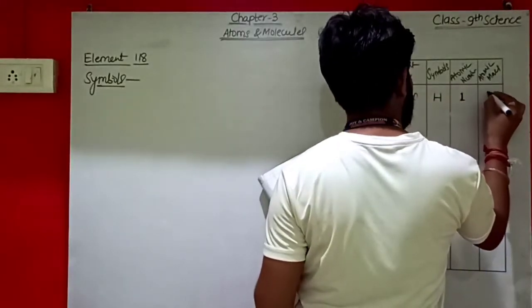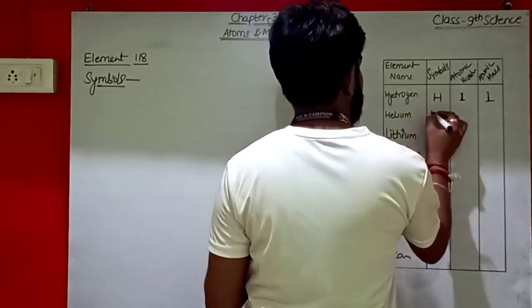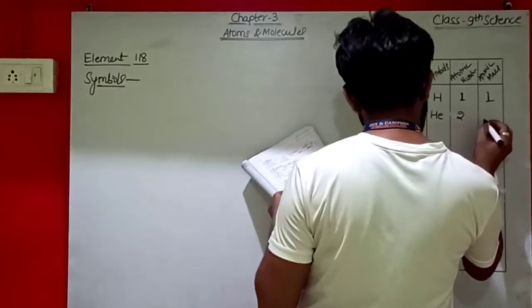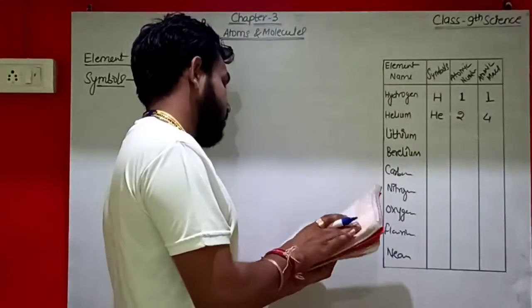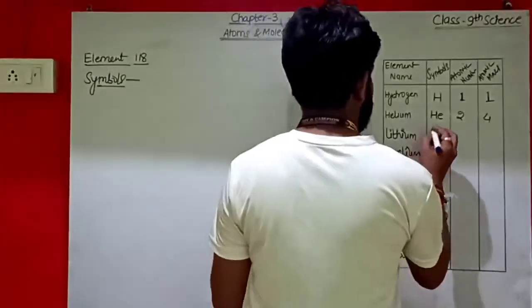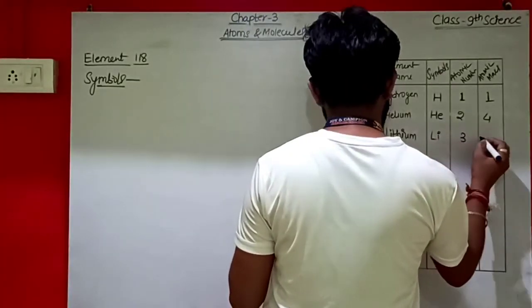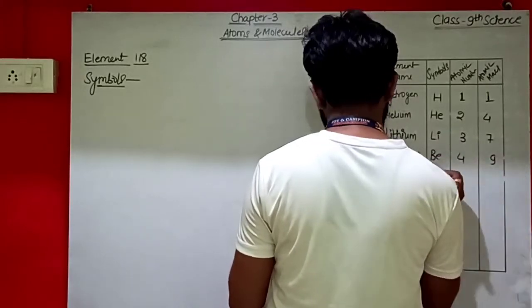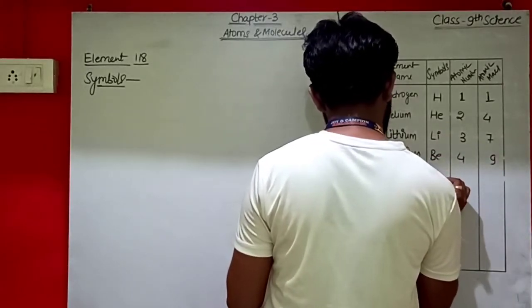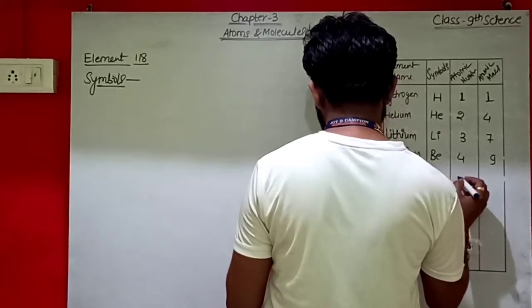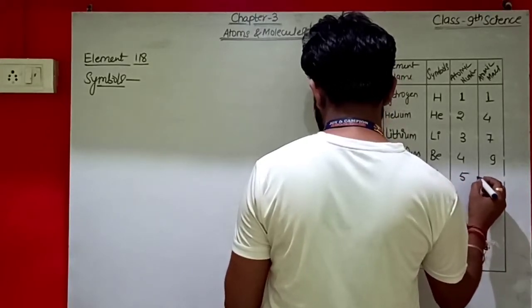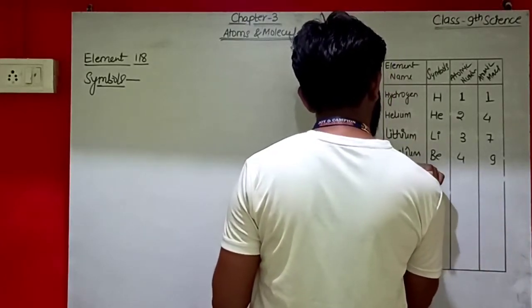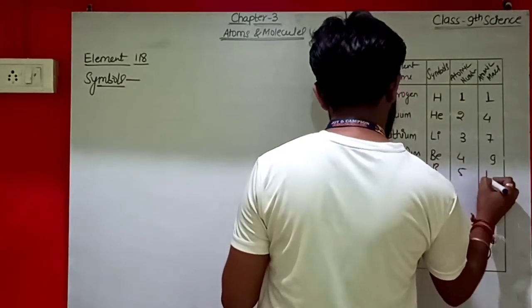Atomic mass is 1. Helium, capital H, small e, 2, and atomic mass is 4. Lithium 3, 7. Beryllium 4, 9. Boron B 5, 10.